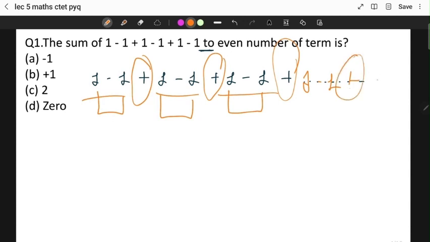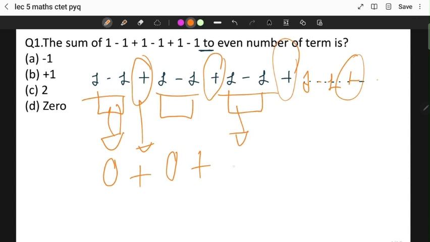What is the value for 1 minus 1? 1 minus 1 is 0. 0 plus, as it is, 1 minus 1 will give me again 0, plus 1 minus 1 will give me 0, and so on. So we are getting 0 for each pair of 1 minus 1. So the answer will be 0 plus 0 plus 0, that will give me 0. Okay, so option number D is the correct answer for the given question.